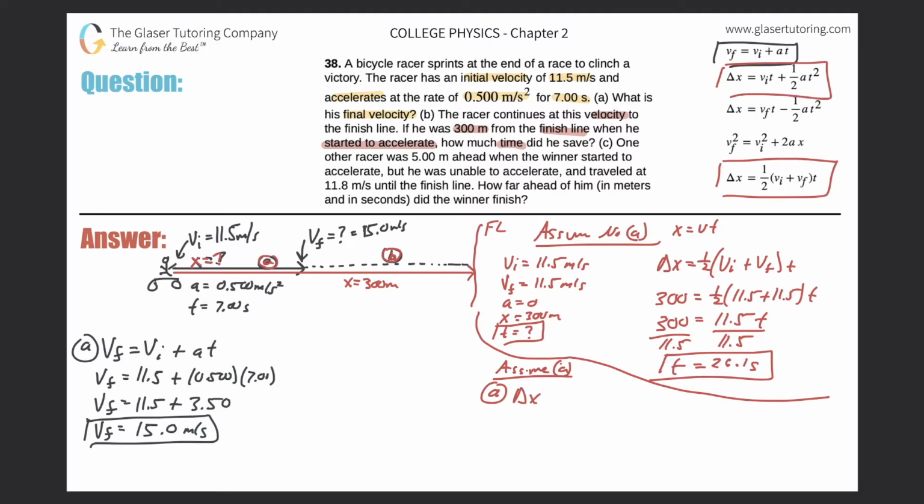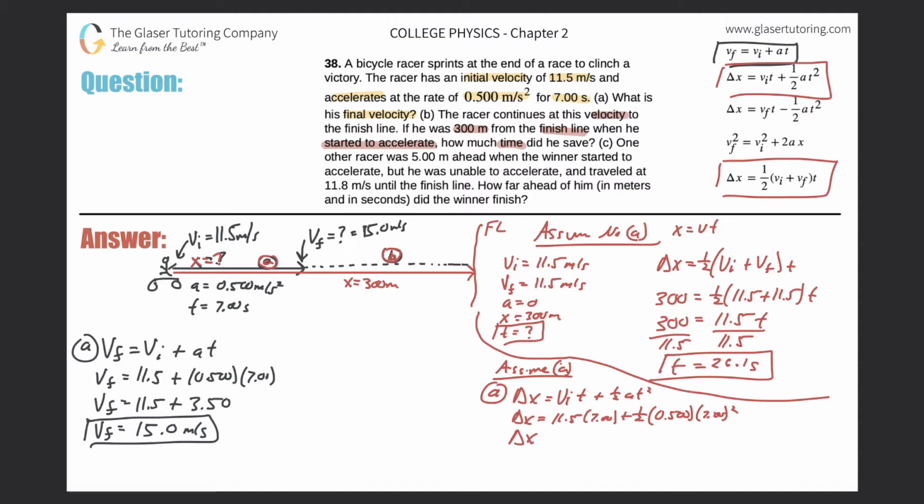So change in displacement is equal to the initial velocity multiplied by time plus 1/2 of the acceleration multiplied by time squared. So the displacement here will be equal to 11.5 multiplied by the time, which was 7 seconds, plus 1/2 of the acceleration value, which is 0.500, times the time again squared.